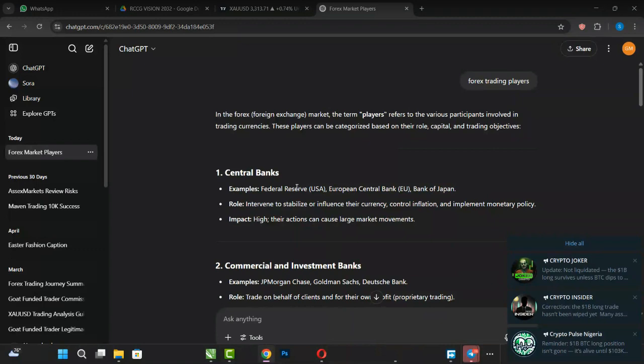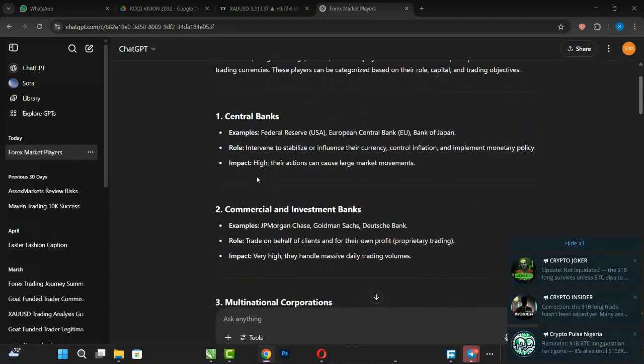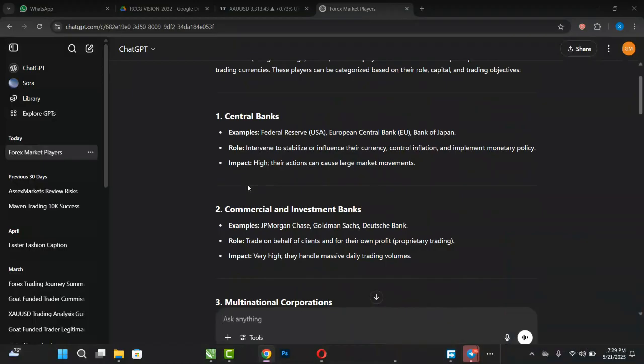Now we have the second, and their impact is high. Their actions can cause large market movement, which is very true. Later we'll be talking about pairs. Whatever pairs you decide to trade, to concentrate on, you have to understand the economy of the pairs you are trading. When we say pair, what we mean is that you bring two currencies together.